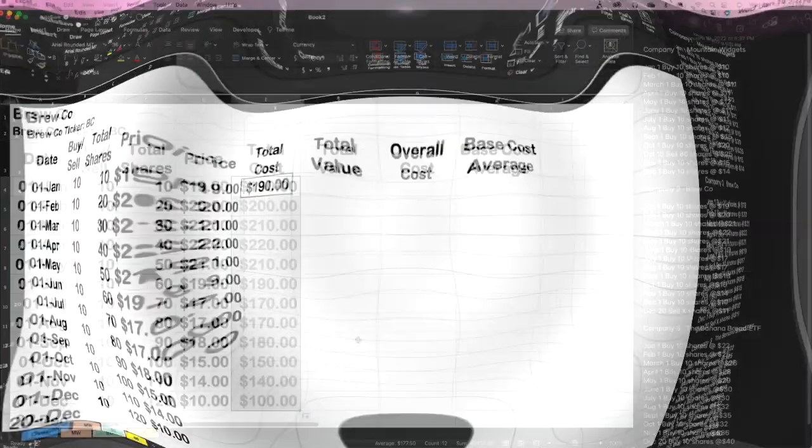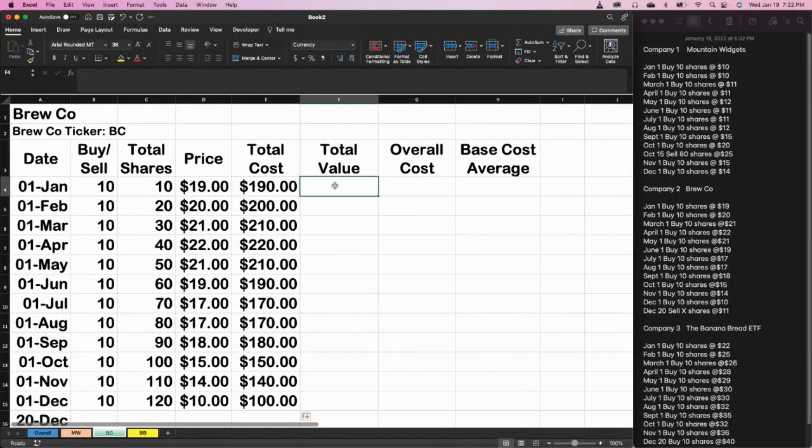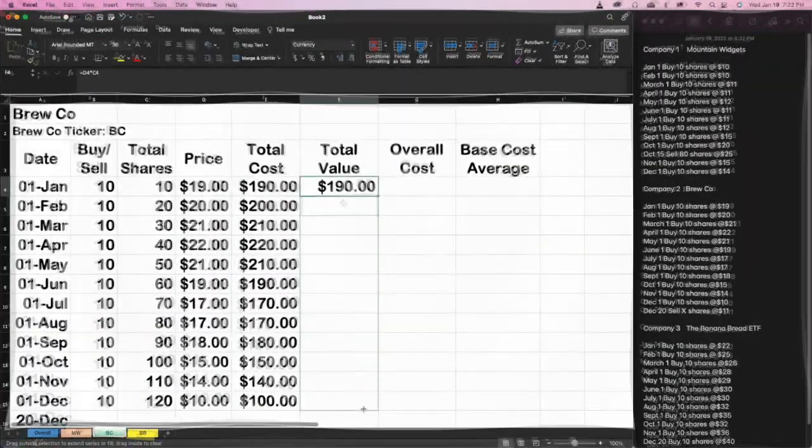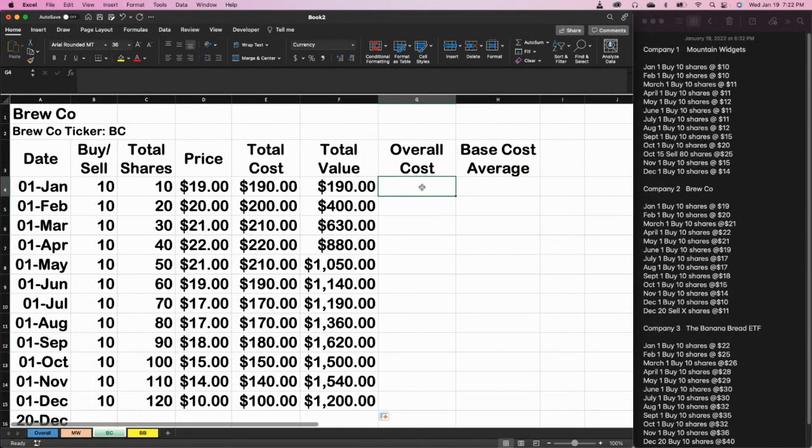So there we go. We spent 100. And our total value, of course, is equal to our share price times our total shares. Bang. Our overall cost, because we started at the beginning of the month, is $190.